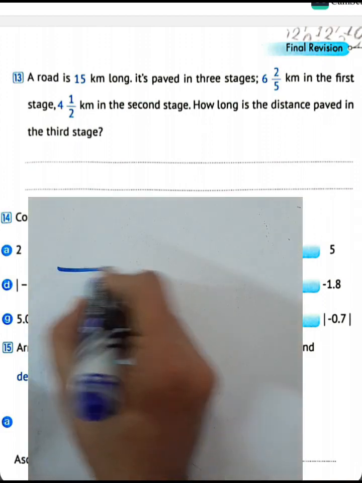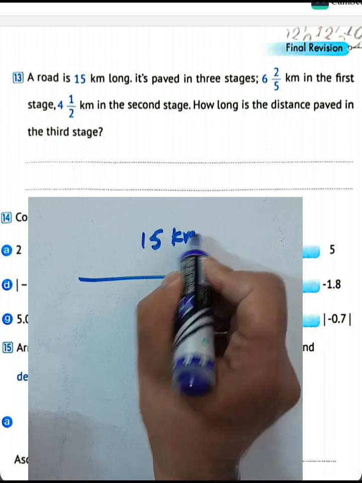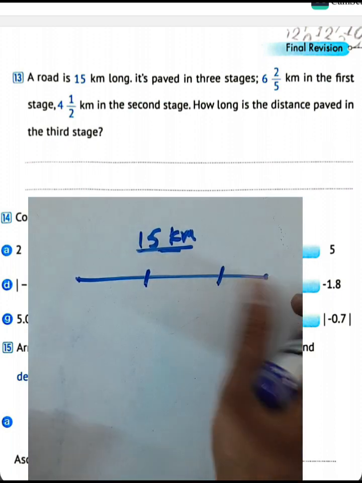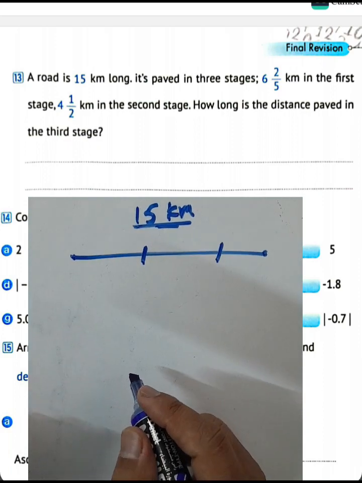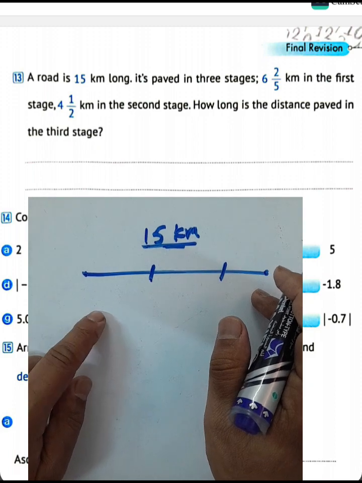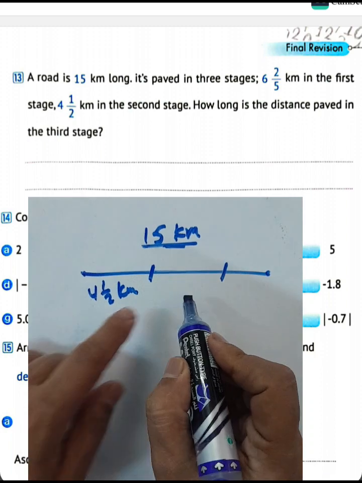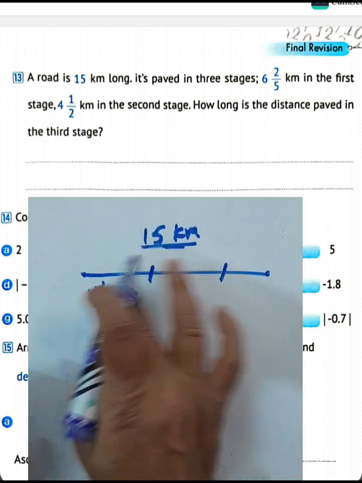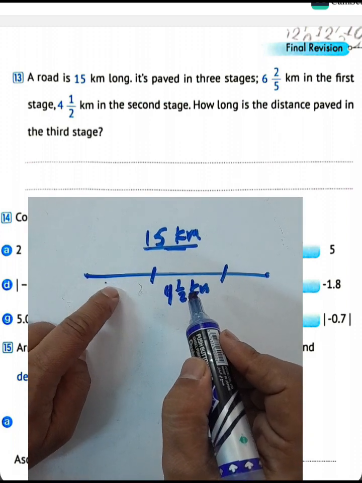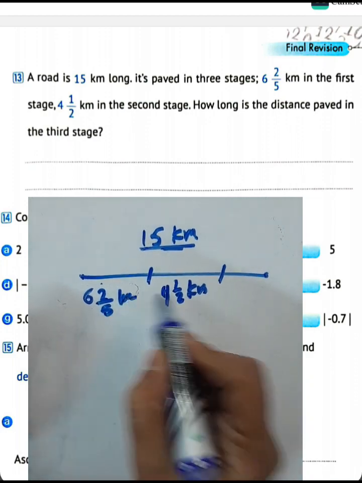Okay, we have the route here, and the length of the road was 15 kilometers. We divided this route into 3 parts. We want to find the third distance. They give us the second stage, 4.5 kilometers, and the first stage, 6.25 kilometers.